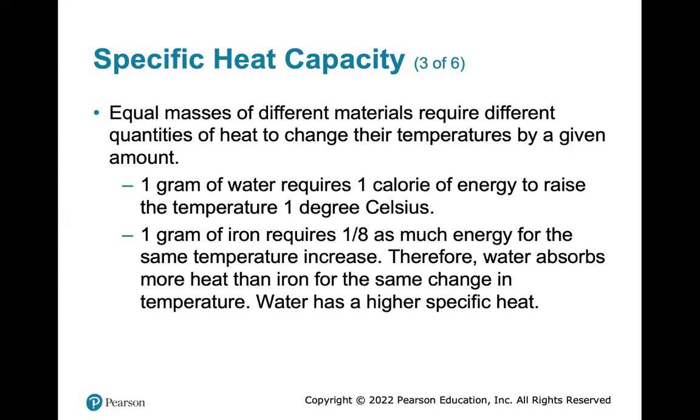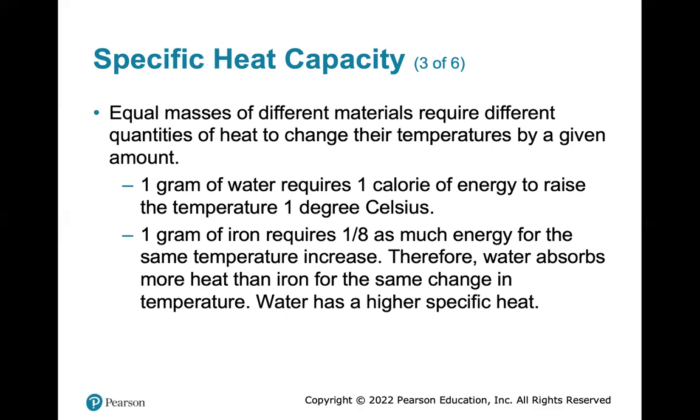How much higher? Well, iron, I said earlier, has a heat capacity of 460 joules per kilogram per degree Celsius. Water has a specific heat of 4,186. It has the highest specific heat in this table that I'm looking at.